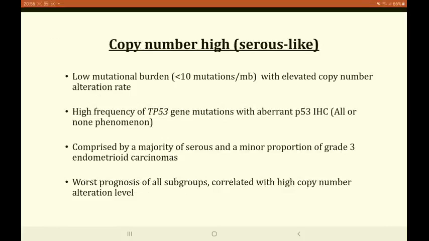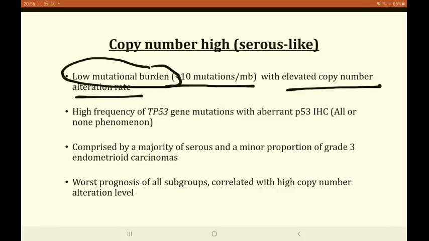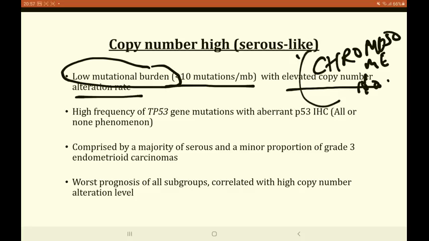The copy number high or serous-like group, although it has a low mutational burden, that is less than 10 mutations per megabase, shows high copy number alteration, that is, we see alteration of the chromosome number. The copy number high group shows a high frequency of TP53 gene mutations, that is, the aberrant type of p53 by immunohistochemistry.